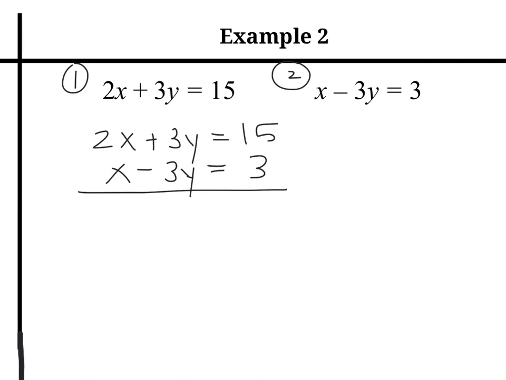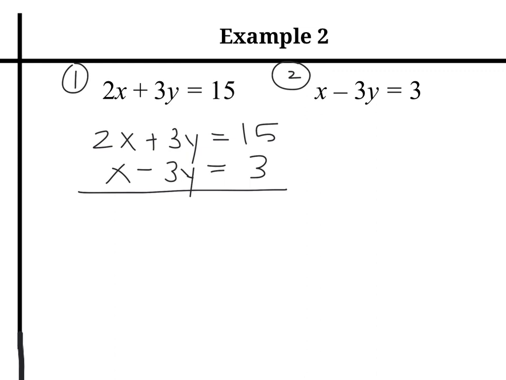Let's instead look over at the y terms. So in the first equation, we've got a 3y. And in the second equation, we also have a 3y. So these are the same coefficients in front of the y. So we're going to focus on trying to eliminate the y term again in this equation. The next thing we want to pay attention to is the signs in front of those 3's.